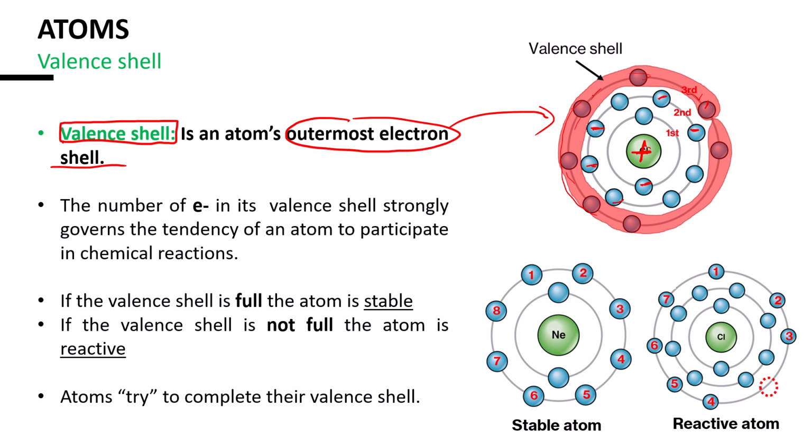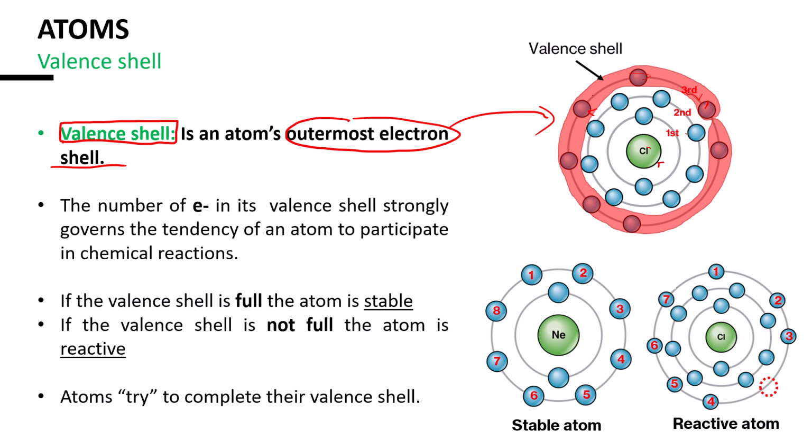So you can imagine that if this attraction exists, the closer the electron is to the nucleus, the harder it is, or the more energy it takes, to remove it. And the same is true the other way around: the farther away the electron is from the nucleus, the less energy is required to remove it, right?